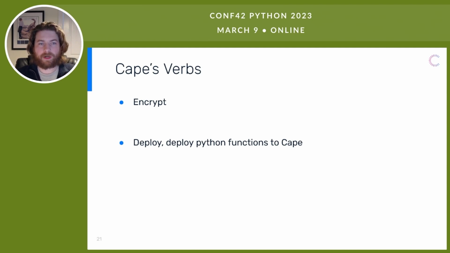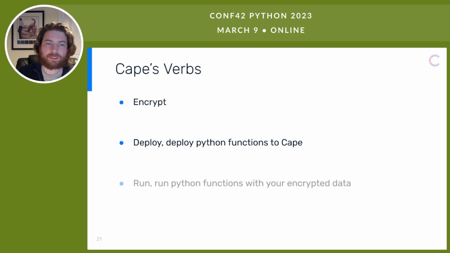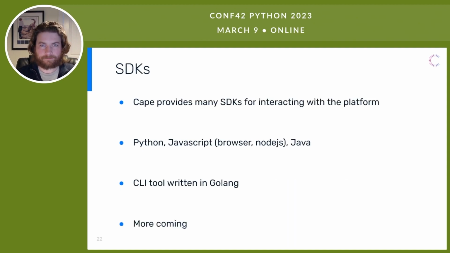This is a secure processing code that will eventually be used to process your previously encrypted data. Run. Run is used to run the function that you just deployed. Here you pass a function ID, the encrypted data, and in return, you get some output depending on what your function does. There are some concrete examples coming up soon.